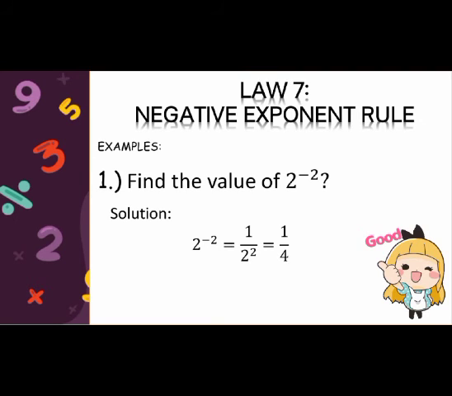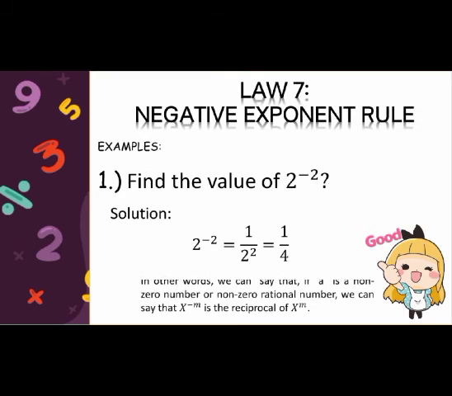And the numerator has the value of 1. So we have 1 over 2 to the power of 2, or 2 squared. So we have to simplify that. So we have 1/4. In other words, we can say that if x is a non-zero rational number, then x to the power of negative m is the reciprocal of x to the power of m.